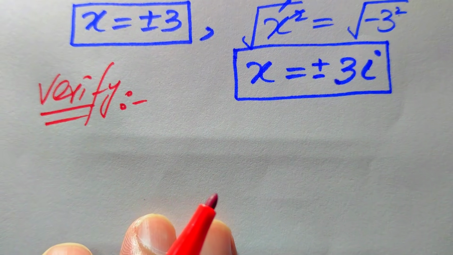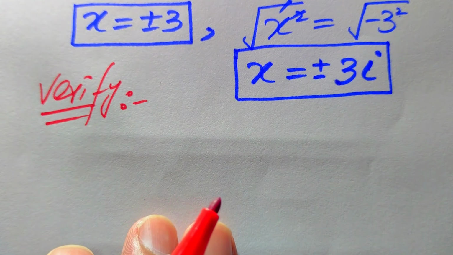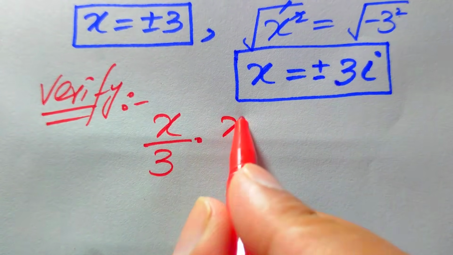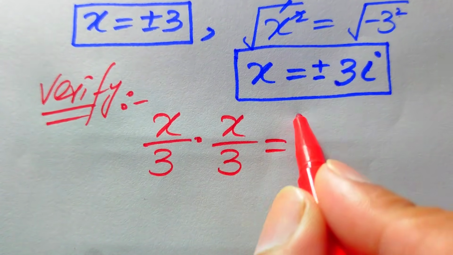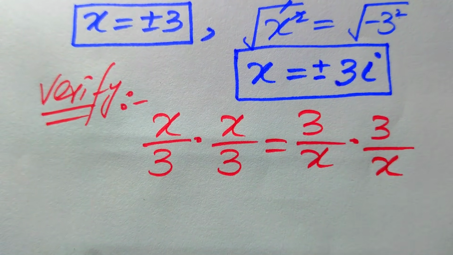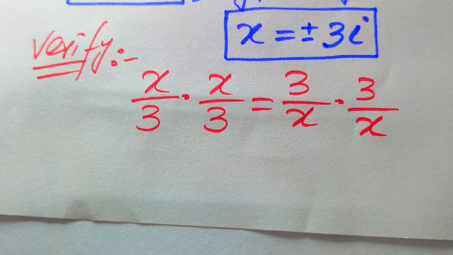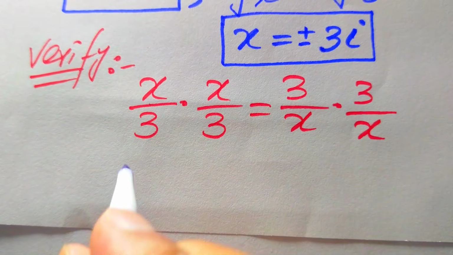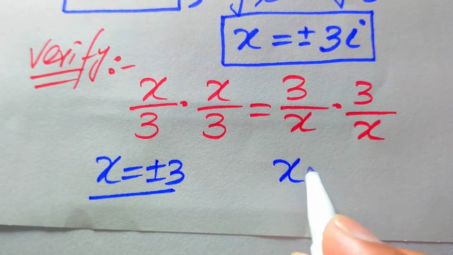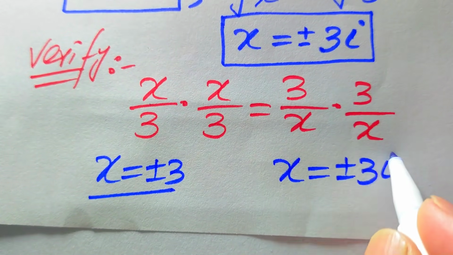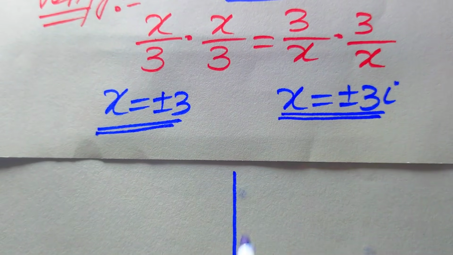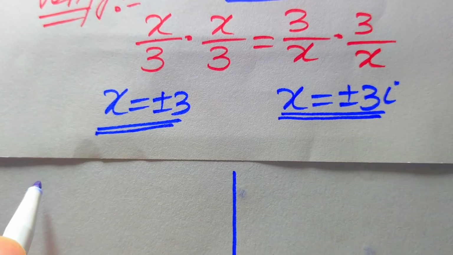For verification, we copy down the given question statement: (x/3) times (x/3) equals (3/x) times (3/x). Here we first verify x equals plus or minus 3, and here we verify x equals plus or minus 3 iota. Now we substitute x equals plus or minus 3 on both sides and check its behavior.